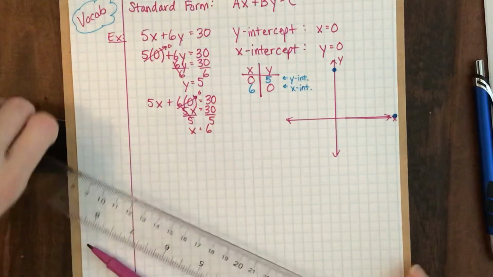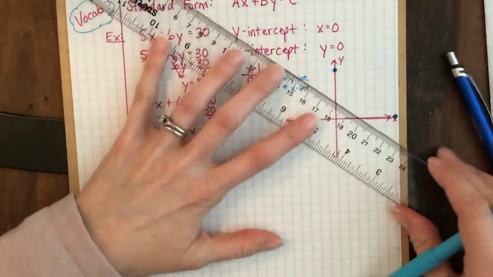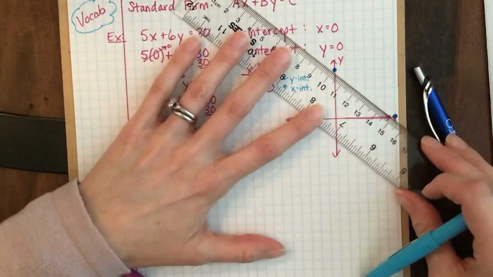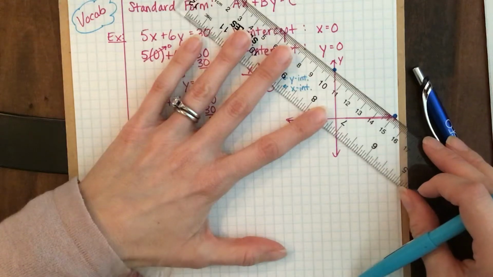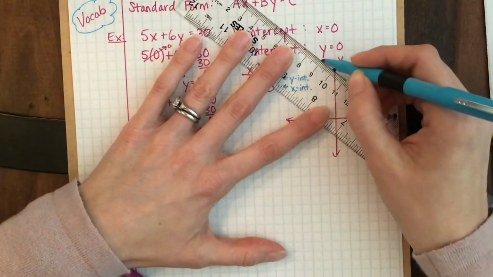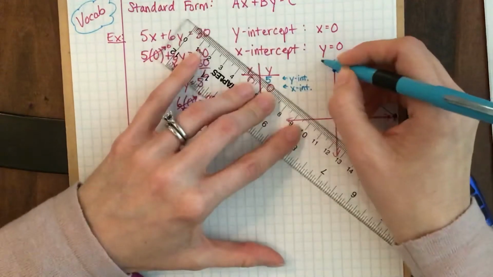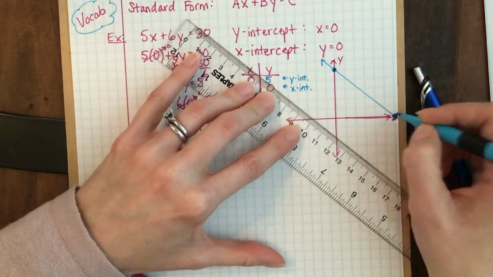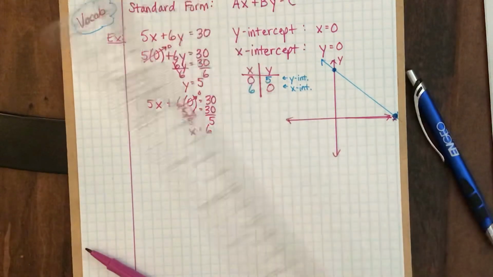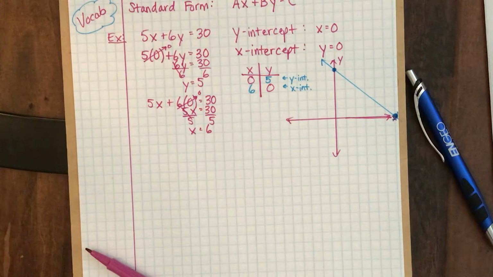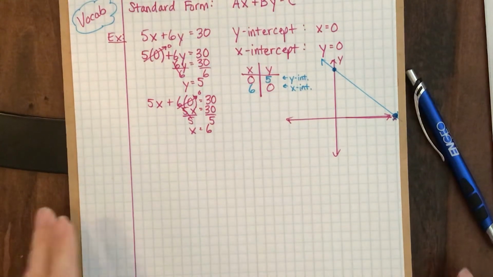Now all I have to do is connect those to graph our line. So it's a little bit different than graphing in slope-intercept form, but it's definitely pretty straightforward and doable.